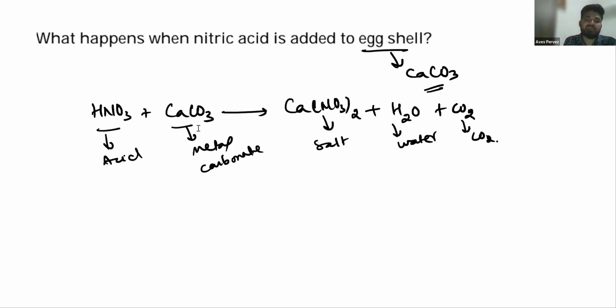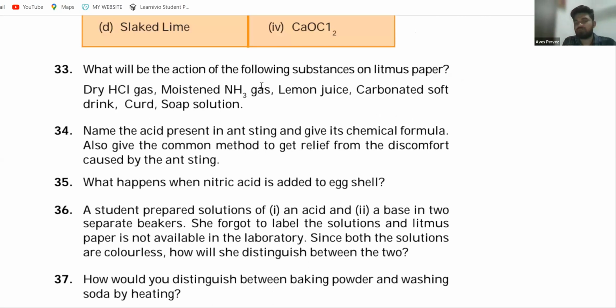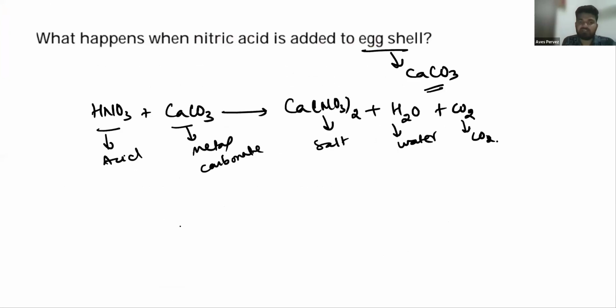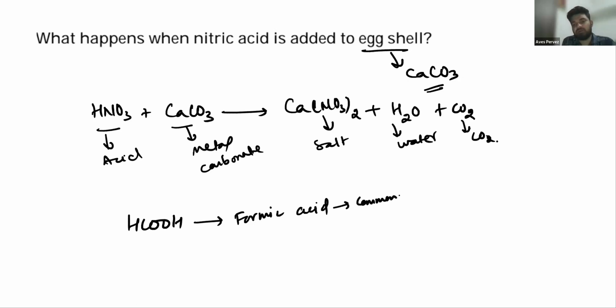Name the acid present in the antacid and give its formula. What is the acid that is present in antacid? Note it down in the rough that HCOOH is the formula and this is called formic acid, the common name. The IUPAC name for this one is methanoic acid.